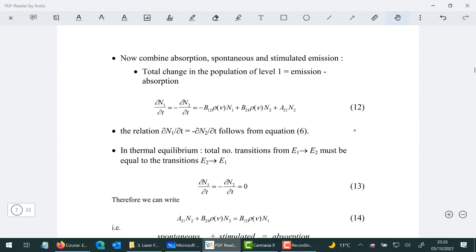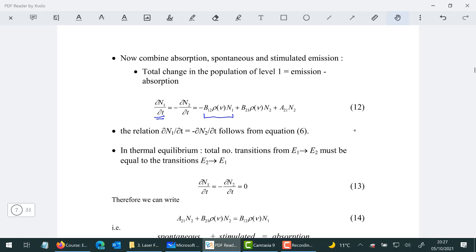So let's put all 3 processes together. If we've got the atoms that are moving up from level 1 to level 2 because of absorption, we've got atoms moving down from level 2 to level 1 because of spontaneous emission, and level 2 to level 1 because of stimulated emission. So the number of atoms in level 1 will change with time, and it will decrease because of absorption.